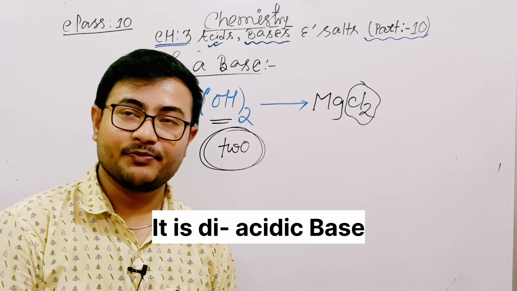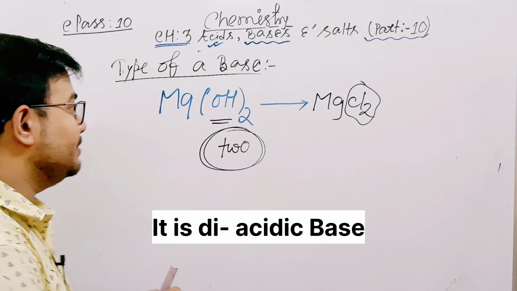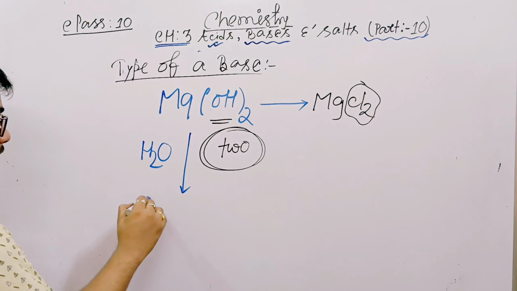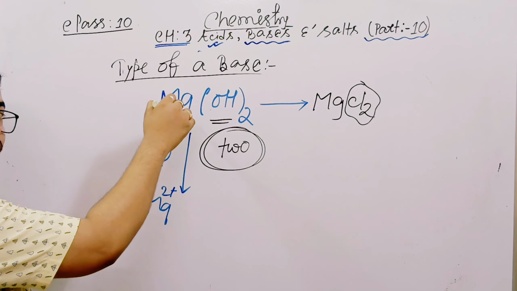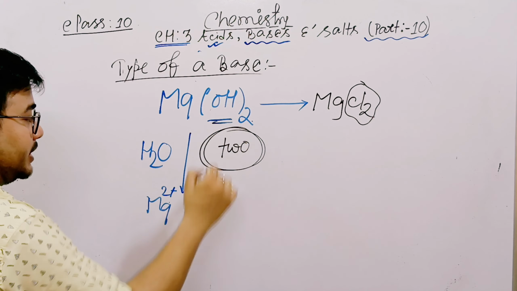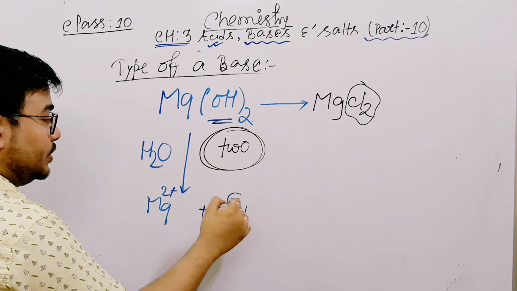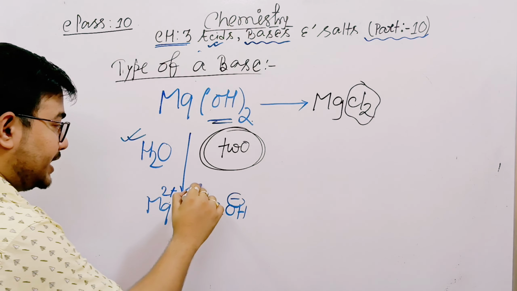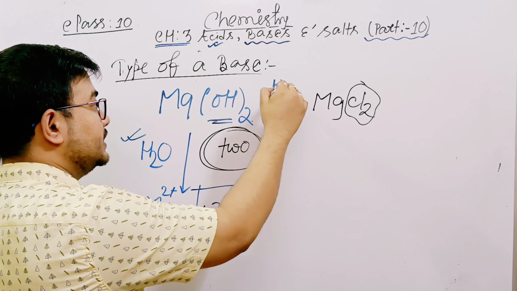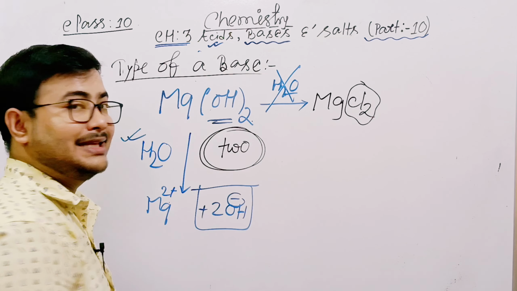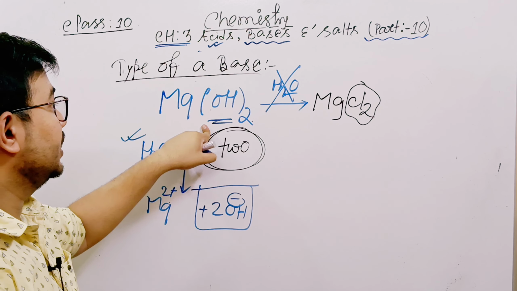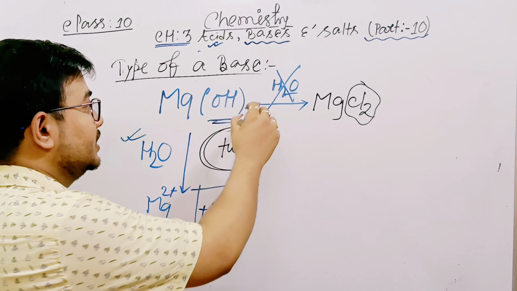So the number of removable OH minus ions is 2, so it is a dibasic acid. If it is any base dissolved in water, then look at the board. Suppose it is soluble, so Mg2+ and 2 OH minus. If it is dissolved in water, check the number of OH minus ions. If it is insoluble in water, then check the number of removable OH minus ions in the base. Here 2 OH are removed.